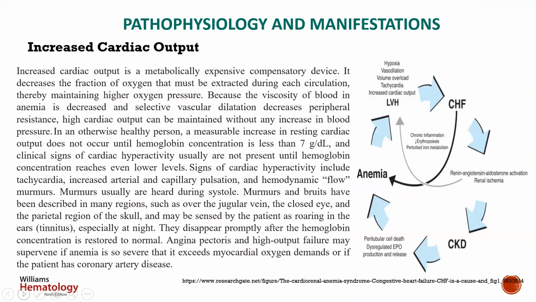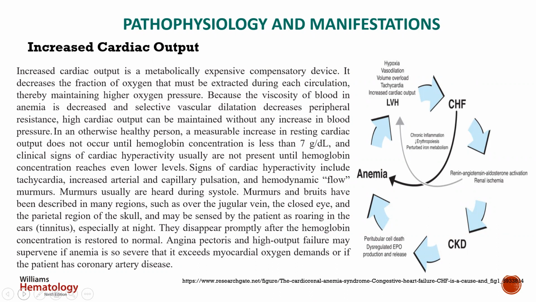Increased cardiac output is a metabolically expensive compensatory device. It decreases the fraction of oxygen that must be extracted during each circulation, thereby maintaining high oxygen pressure. Because the viscosity of the blood in anemia is decreased and selective vascular dilation decreases peripheral resistance, high cardiac output can be maintained without any increase in blood pressure.